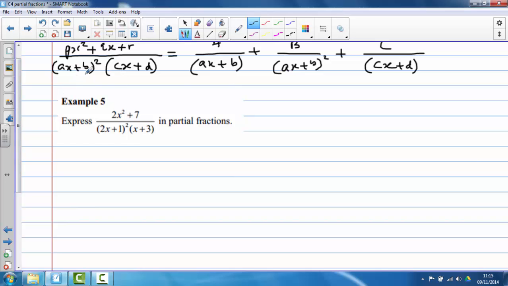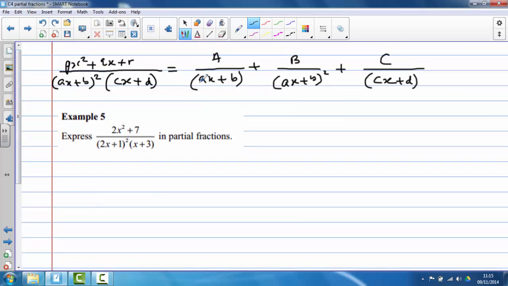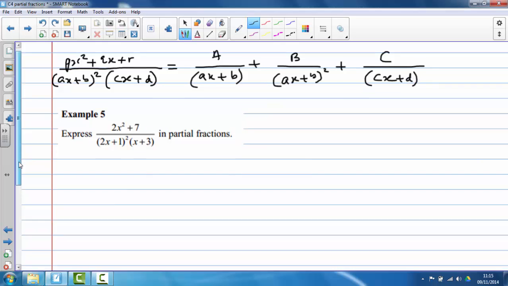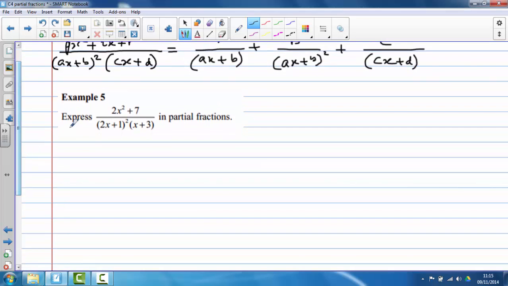Right, so in this question we've got a repeated linear root times a linear root. So it follows the same pattern. The repeated linear root would just be ax plus b squared, and then plus a cx. So let me just write this down. You've got 2x squared plus 7 divided by 2x plus 1 all squared times x plus 3.